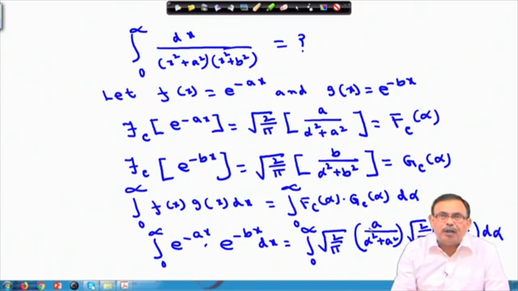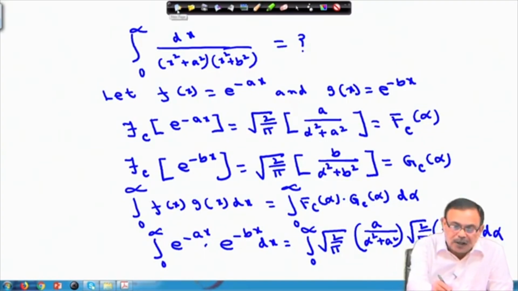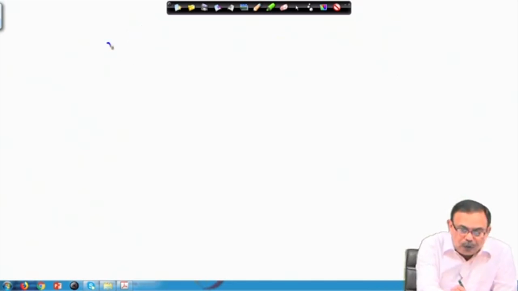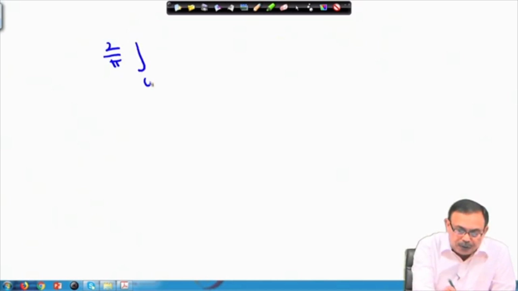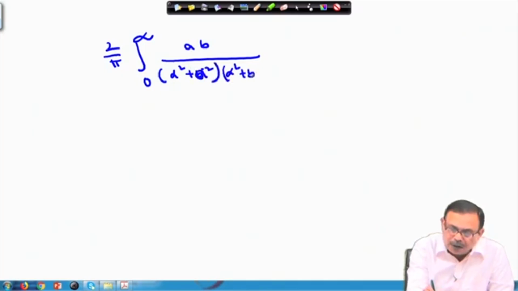Using this theorem, by evaluating the values, I can write the right hand side integral as 2 by pi 0 to infinity a b by alpha square plus a square into alpha square plus b square d alpha.